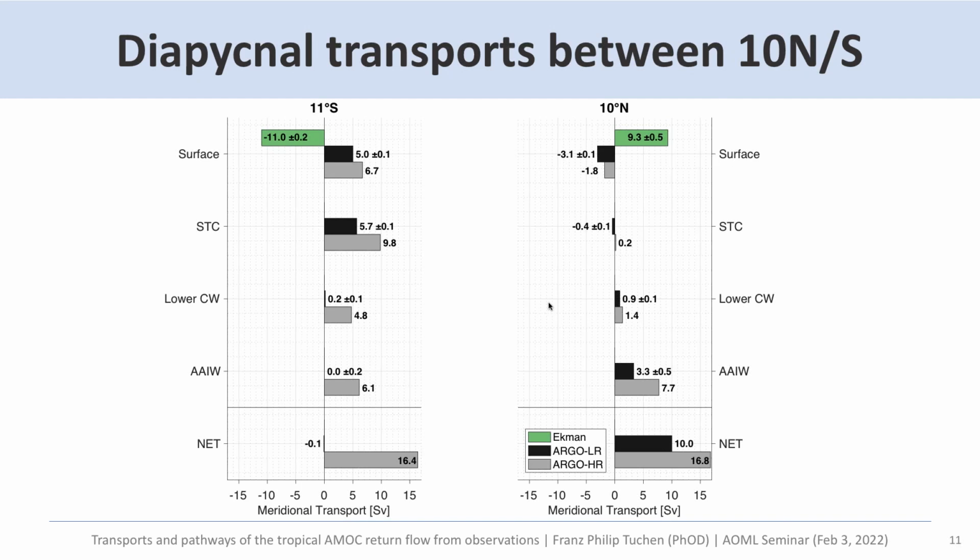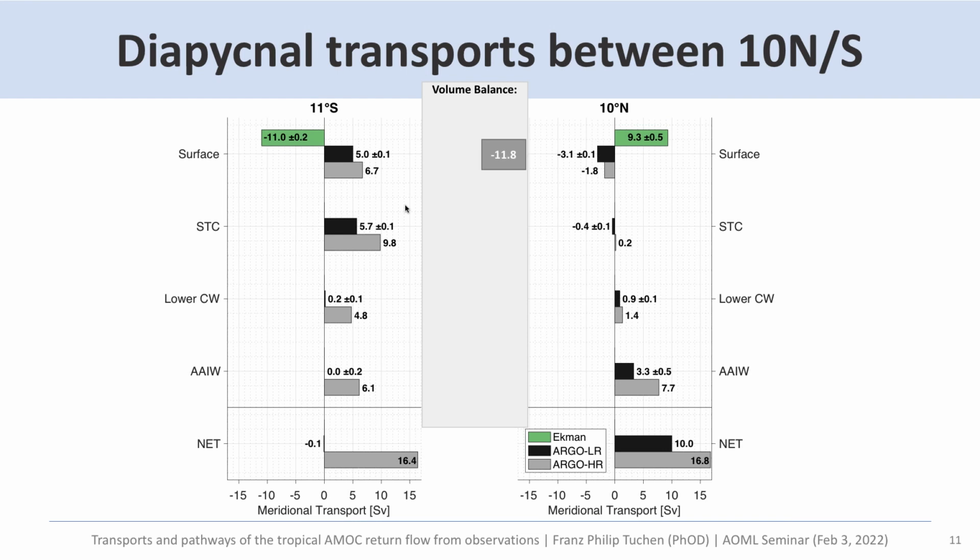So we integrated the transports for each layer at both sections across the whole basin, and also including now again the Ekman transport at the surface across the whole 11 south and 10 north sections. So what you can do, under the assumption that in each layer volume must be conserved, is start building balances for each layer.